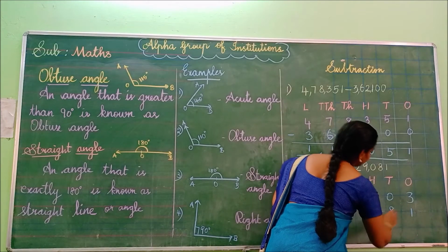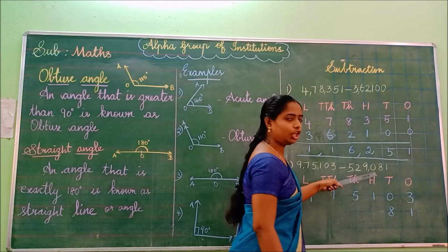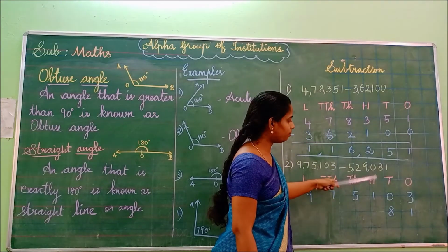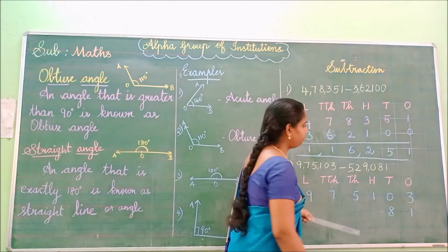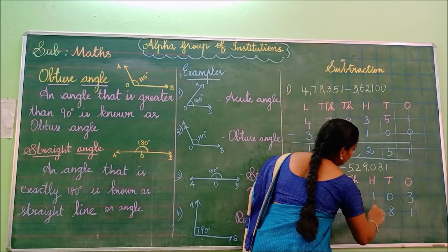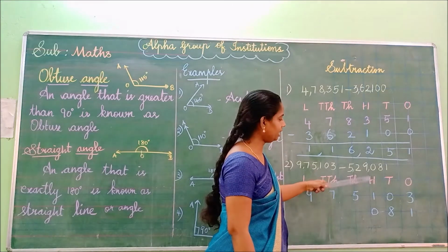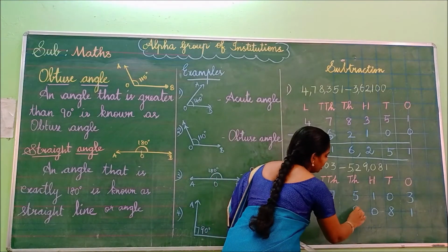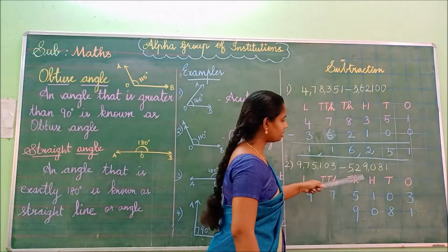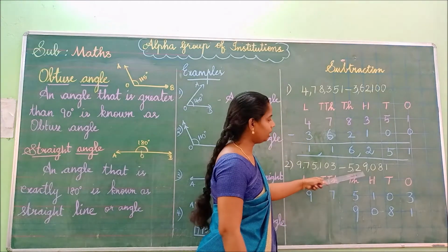Okay, 8 is placed in the tens place, and then 0. Okay, 0 is placed in the hundreds place, and then 9. Okay, 9 is placed in the thousands place. Okay, and then what is the number? 2.